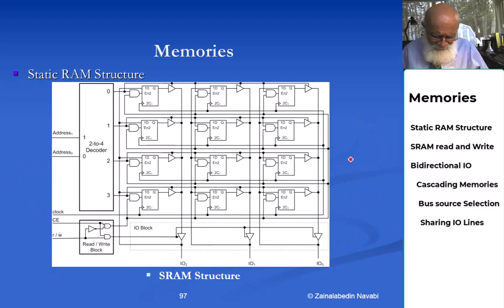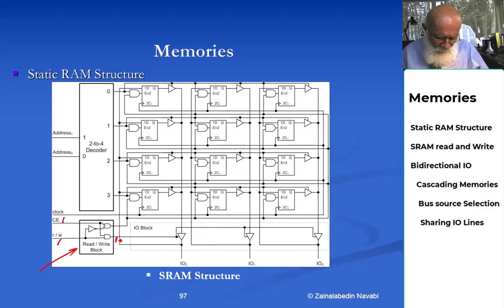You have 3 input-output lines, and you have 3 tri-state structures. And then you have a read-write structure, which has a chip enable or chip select and a read-write bar. Notice here, if the chip select is active, that means there is a 1 here. Read-write bar is 1 here.